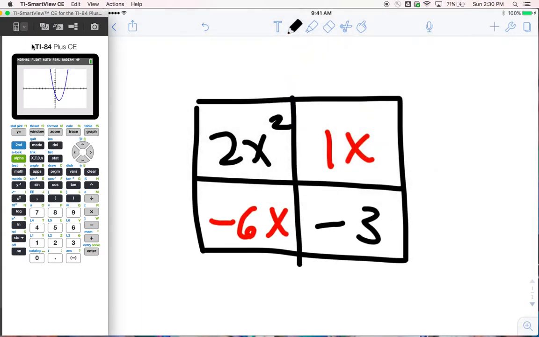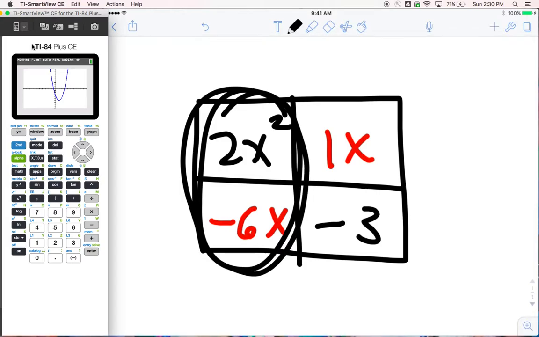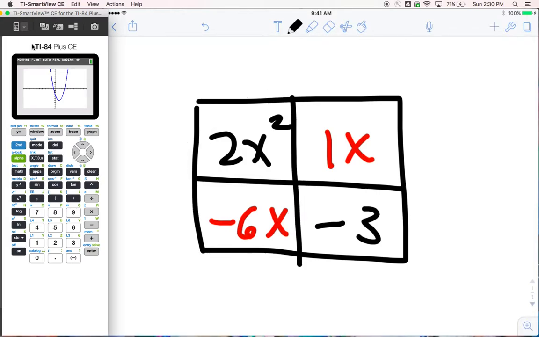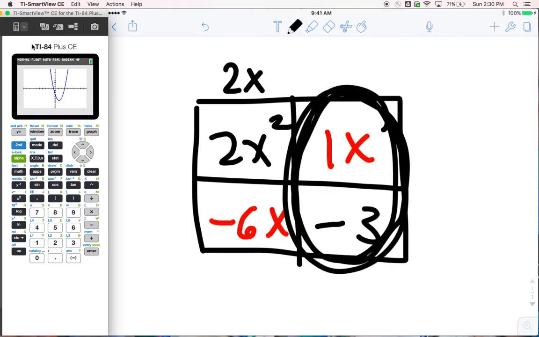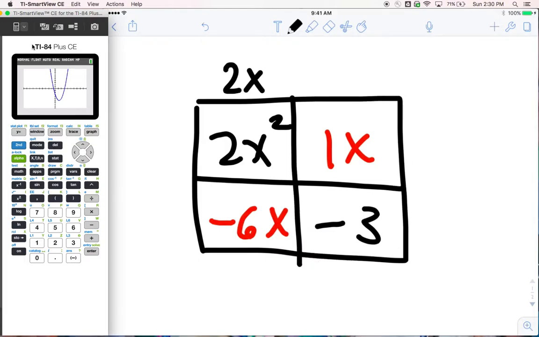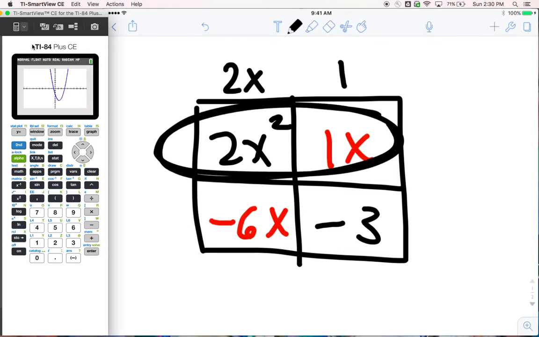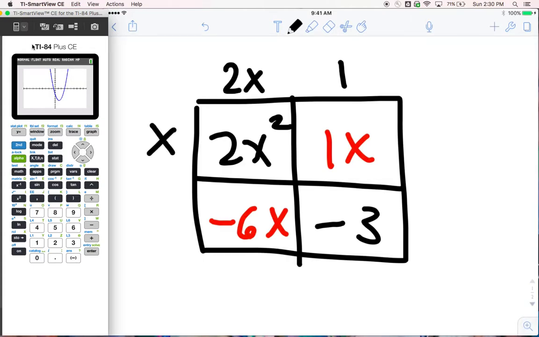So in this column, they're both divisible by 2, and they both have x. So I'm going to use 2x. In this column, they got nothing in common, literally nothing. They don't both have x, and looks like 1 is the only GCF, so all we can do is just put a 1. In this row, the GCF is going to be 1, oh wait, they both have x, so I'm going to write x instead of 1. Or you could write 1x.